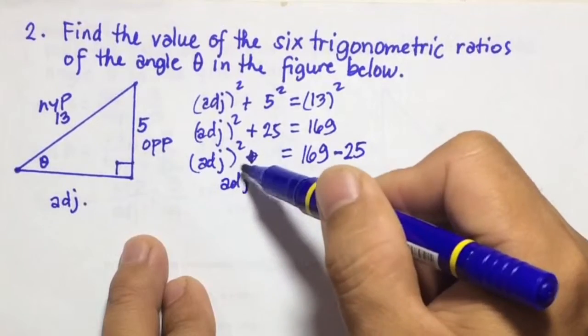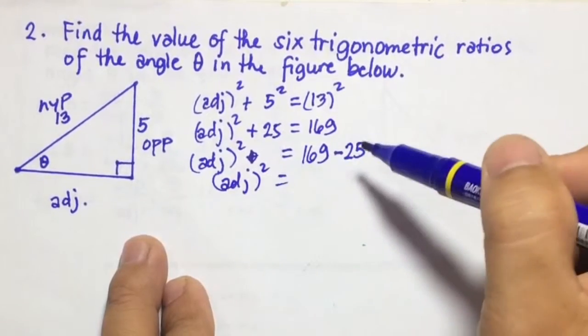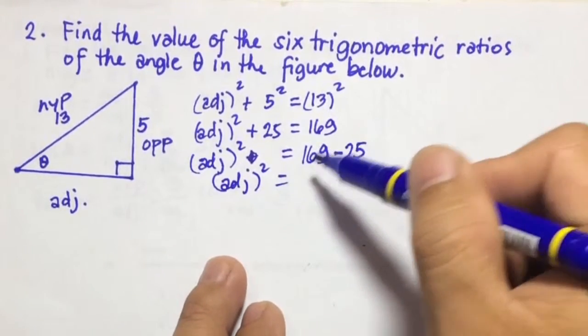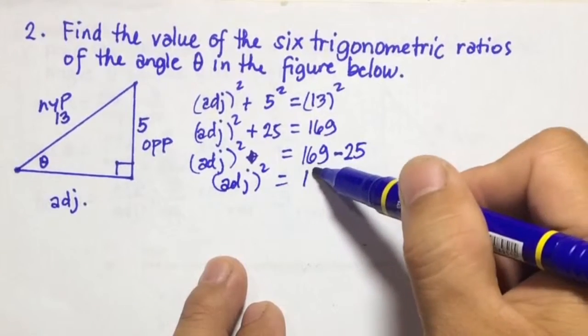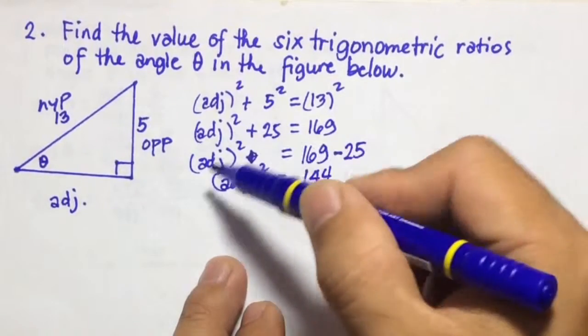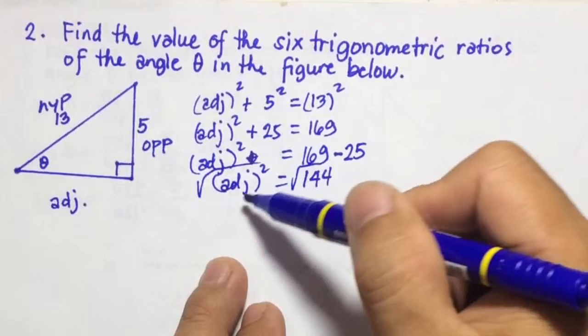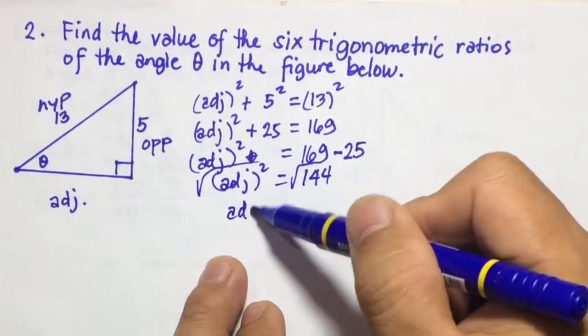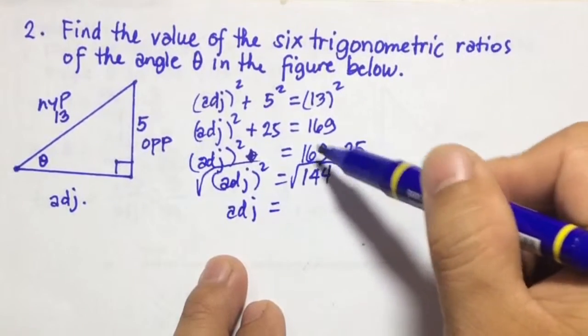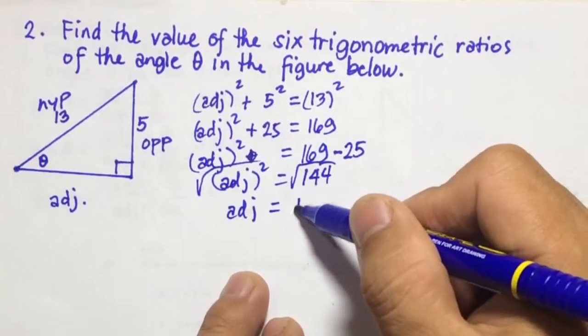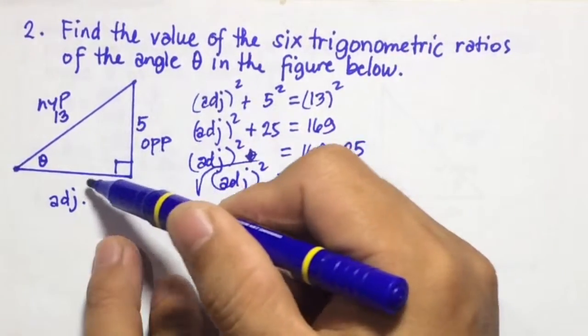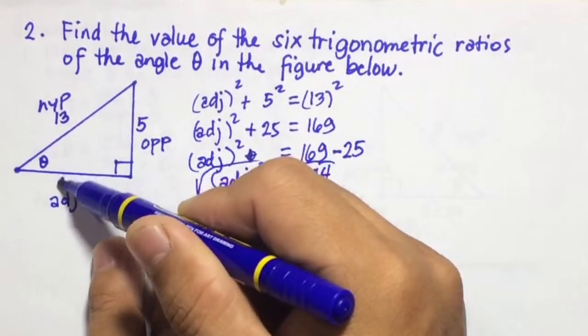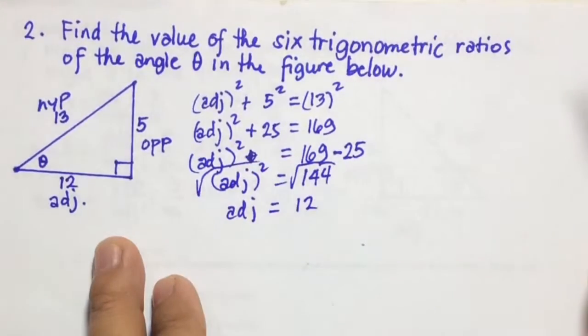Then adjacent side squared, 169 minus 25, that will be 144. Then extracting the square roots here, adjacent side here will be equal to square root of 144, that is 12. So in here, the adjacent side is equivalent to 12.